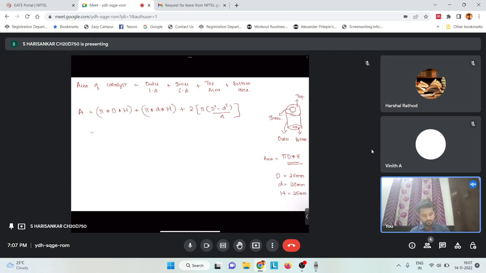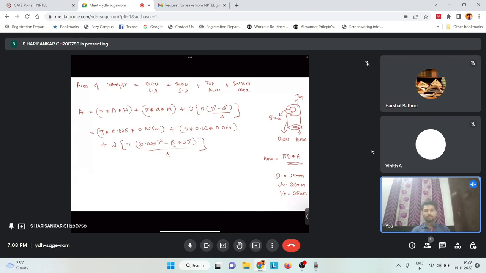So this will be pi into D, which is 25 mm or 0.025 meter, into height, which is again 0.025 meter, plus pi into small d, which is 0.02 meter, into height, which is 0.025 meter, plus 2 into pi (D square, that is 0.025 the whole square, minus small d square, which is 0.02 the whole square) by 4.